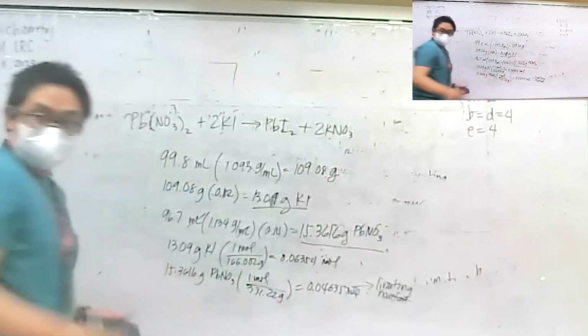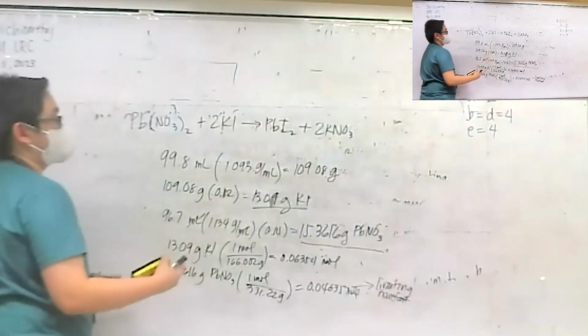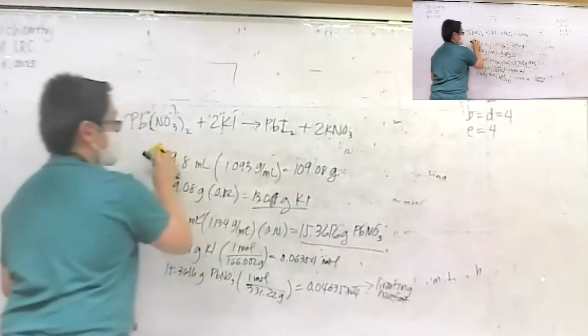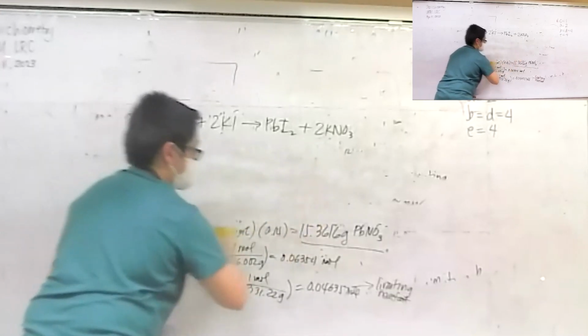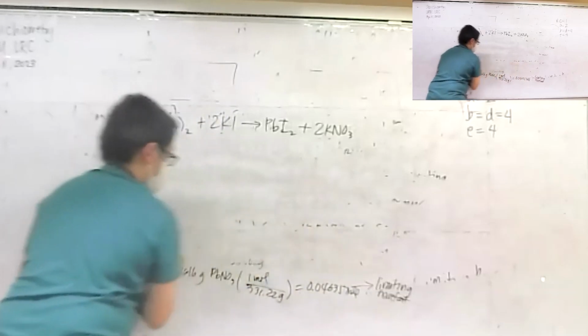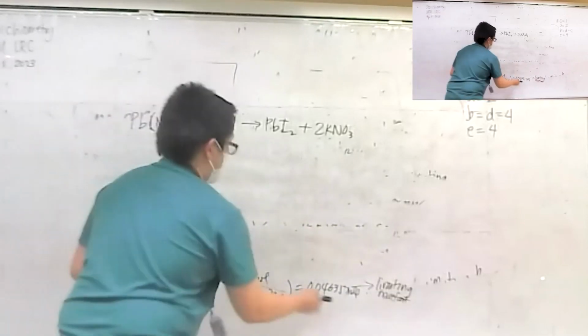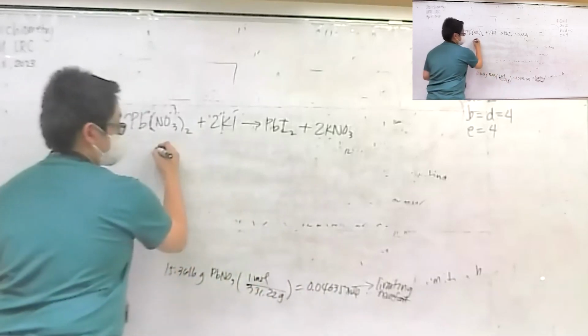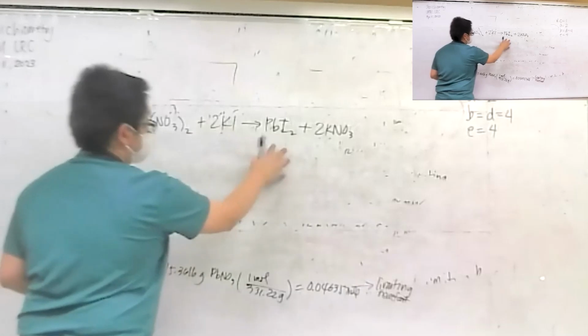So, okay, so from here, we just now convert yung gusto nating product, which is PbI2. Okay, we can erase this na, hindi naman na kailangan. So from here, we need to convert PbNO3 to PbI2.